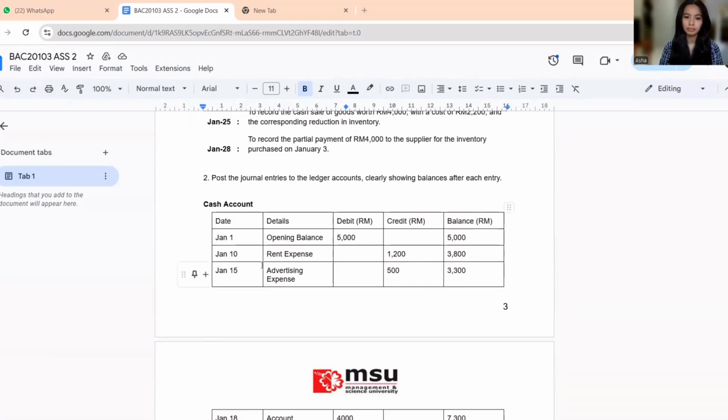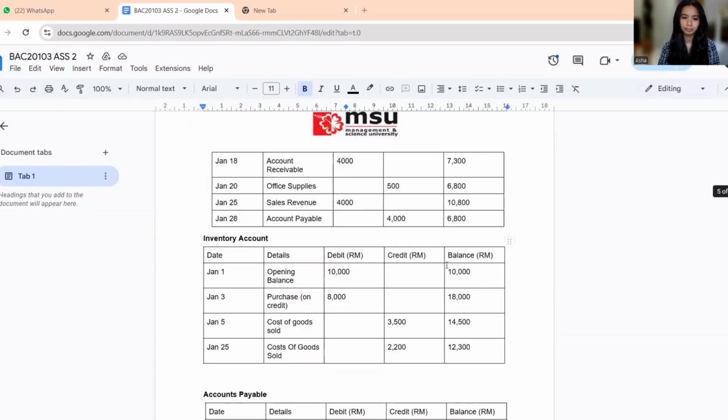On January 10th, rent expenses on the credit side, 1,200, and the balance is 3,800. On January 15, advertising expenses on the credit side, 500 ringgit, and the balance is 3,300.